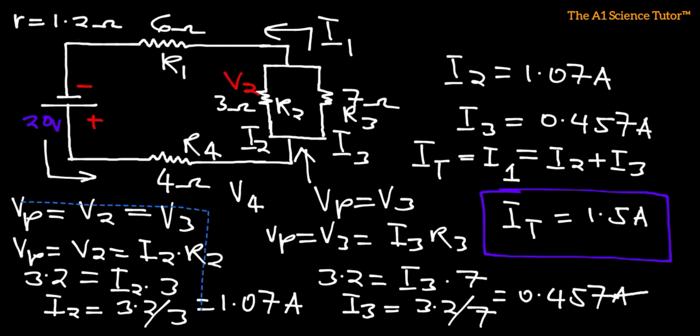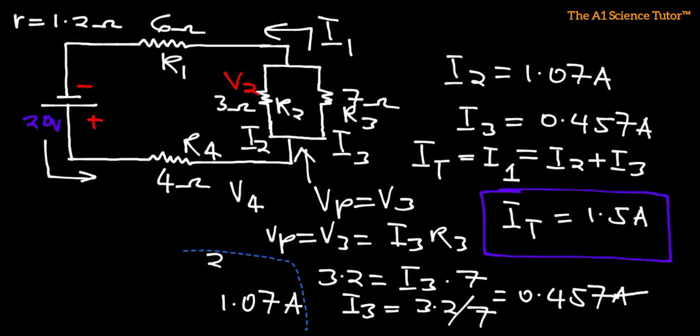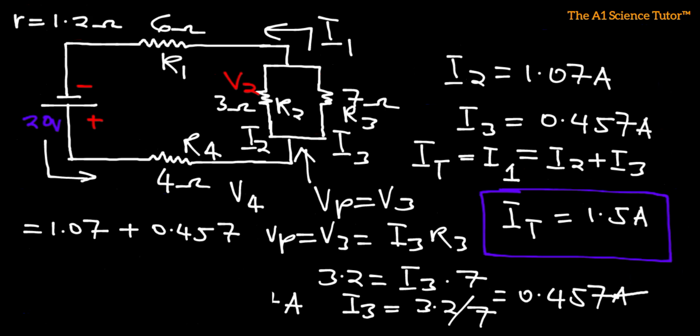So let's see what that's going to give. Okay, so we have 1.07 plus 0.457. That is going to give us the answer.